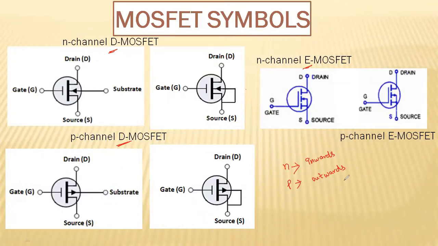And if it is JFET, the arrow mark is there on the gate terminal. But if it is MOSFET, the arrow mark is there on the body or substrate. Okay. So in this way, you need to remember the symbols.